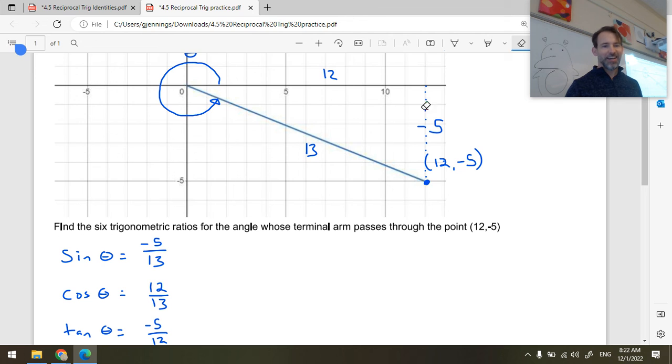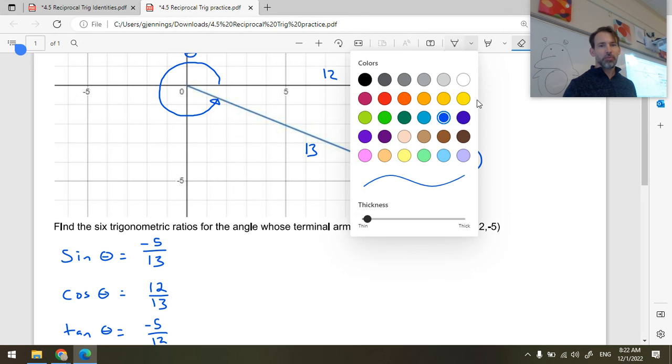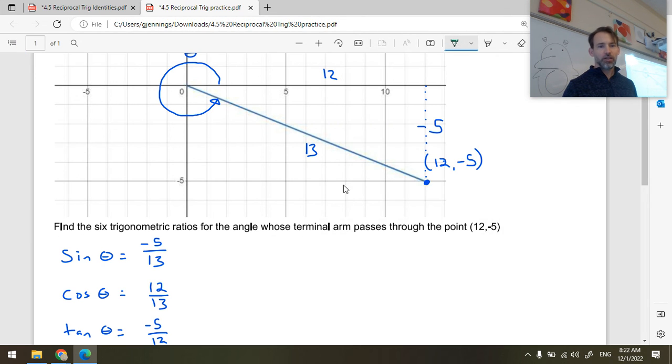All right, and then how about these reciprocal ones? Well, you can just write them down this way. Sine theta. Wait, which one goes with sine theta? Is it secant, cosecant, or cotan? How do you know it's cosecant? Yeah, because we need a co here. So that's how I remember it too.